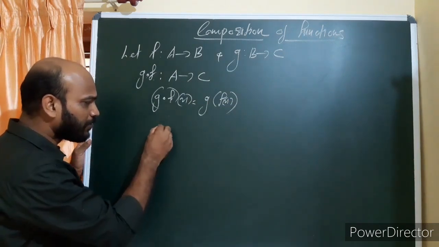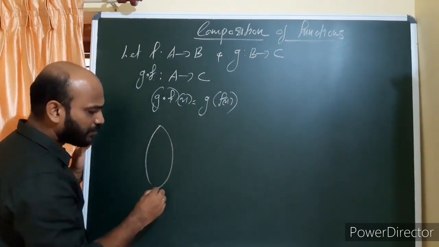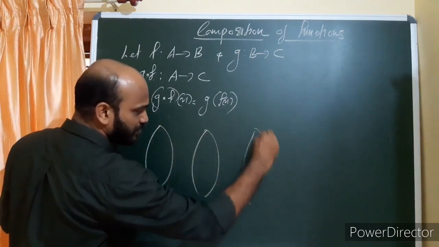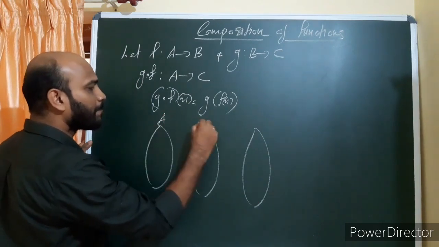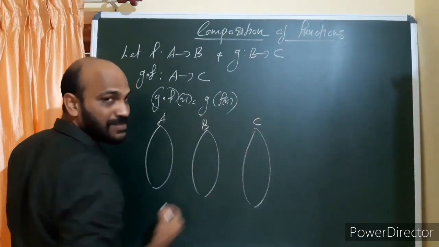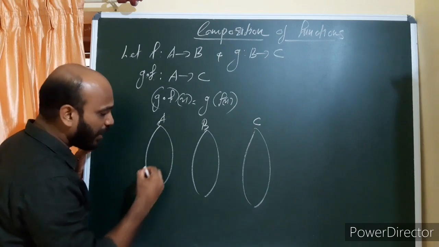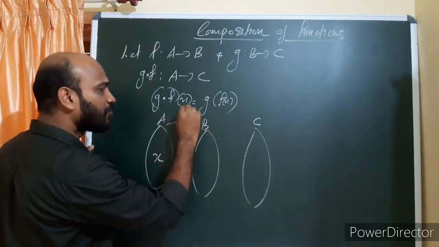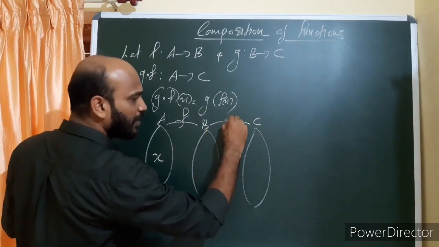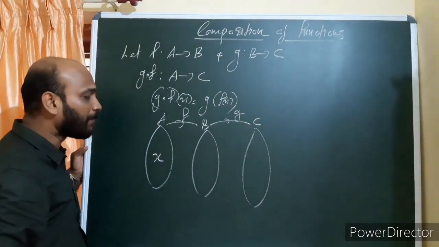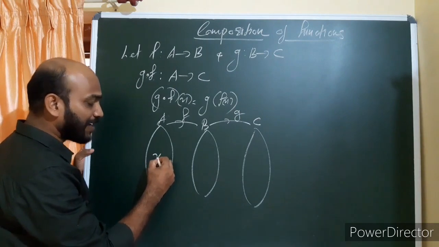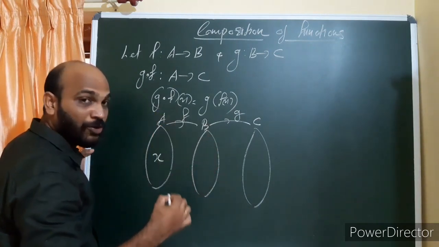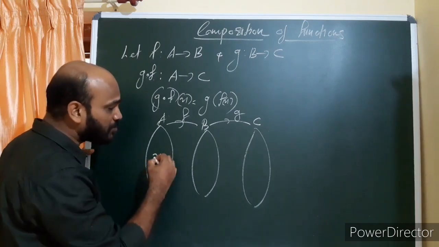So I will explain by using an arrow diagram, then you will understand clearly. We have three sets, A, B and C. Suppose elements of A, generally we can take as x. And f is a function from A to B and g is a function from B to C. Since x is an element of A and f is a function from A to B, f(x) means image of x.